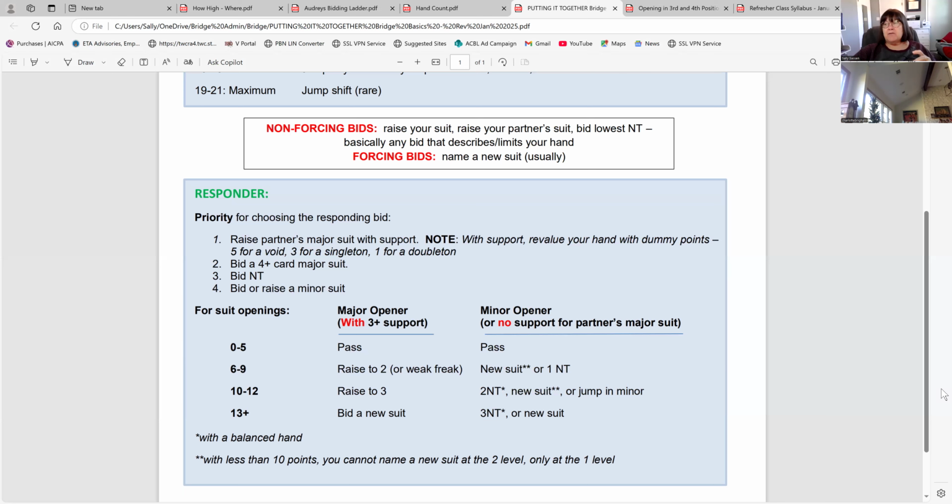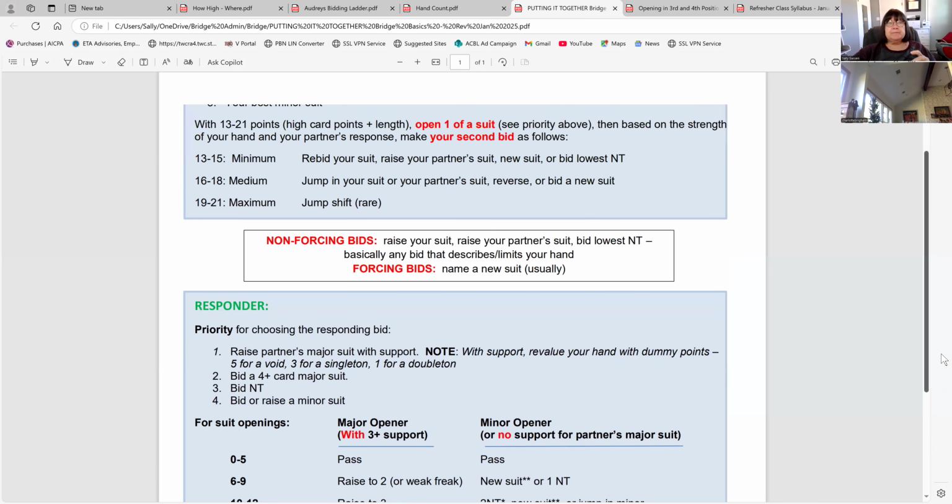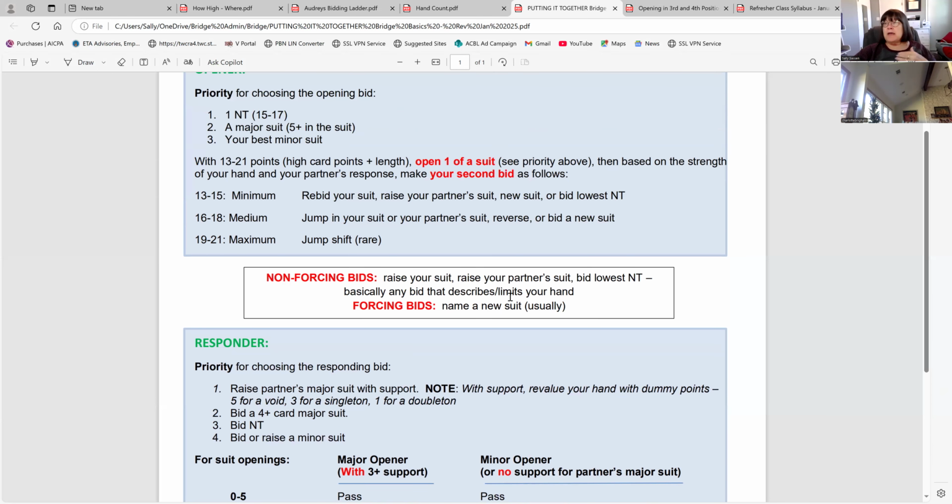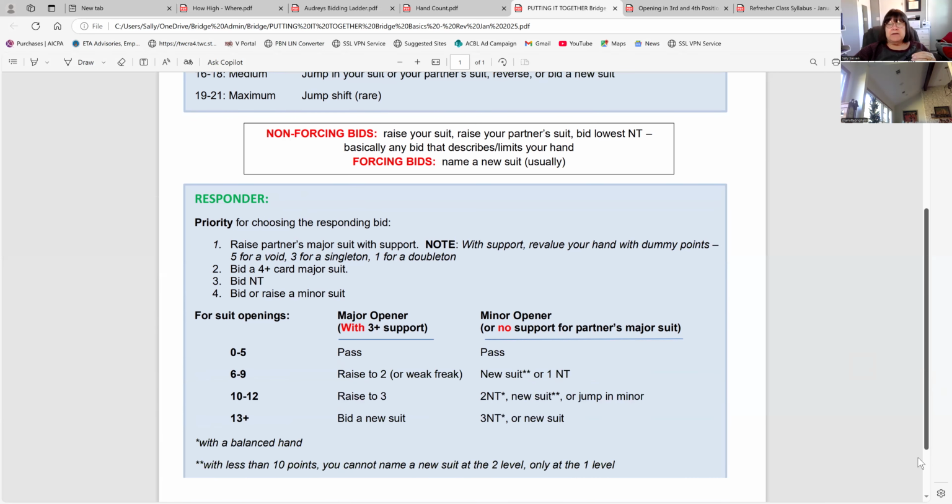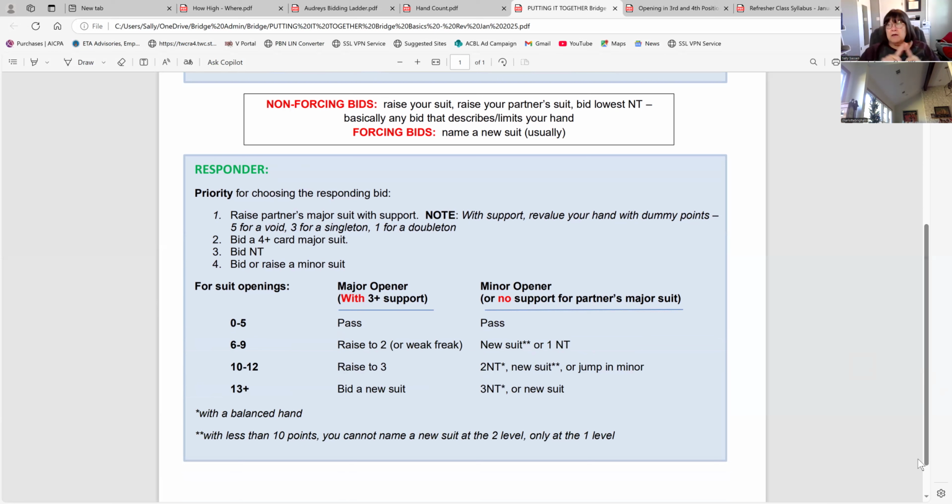And then we come back for the second bid up here if partner has made a forcing bid, which remember is nearly always the new suit, because we need to think about this. If we've opened and our partner, the responder, has responded with a bid that limits their hand, then we don't have to bid again.